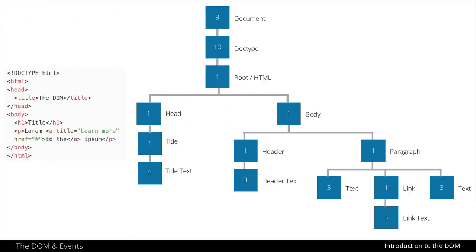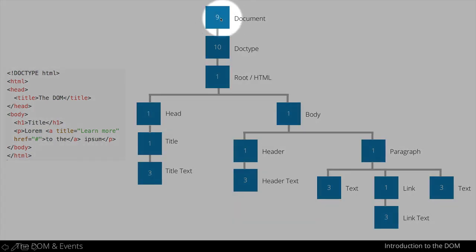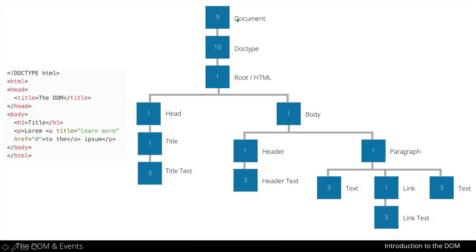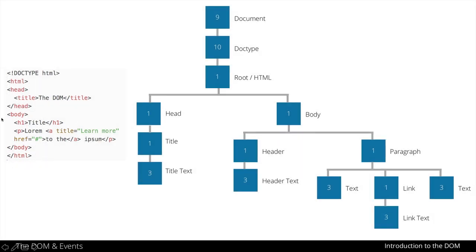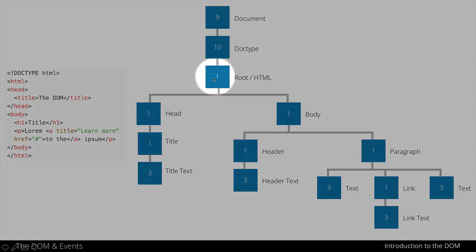What we have as the very first element in our tree is of the document type. This does not actually correspond with any of our HTML elements or anything we see here, but the entire document itself. Then we have the doc type, and then our root element that's going to make up the rest of the page. This is our HTML tag that we would see here.